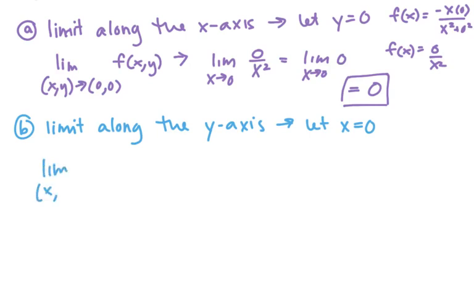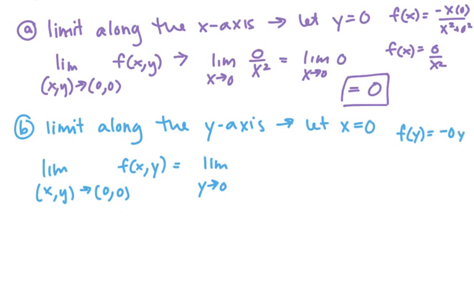So this limit, (x,y) approaching (0,0) for my function, well, we could think about that as just looking at the limit as y approaches 0, and my f of y, if I plug 0 in for x, would give me negative 0 times y over 0 squared plus y squared. So that's the limit of 0 over y squared, which is also 0. So this is good news, we think, because clearly we have two limits that match.